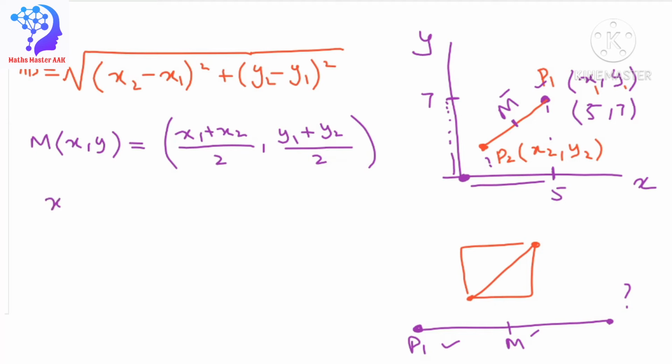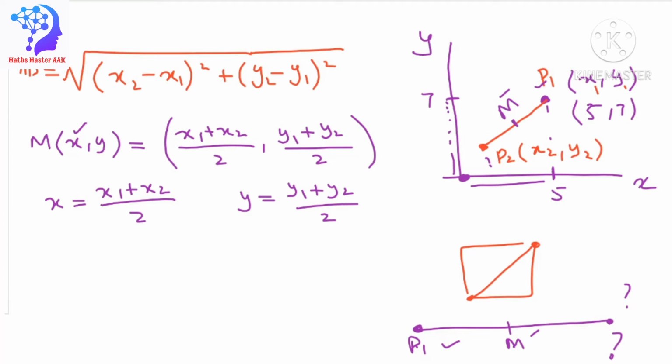You can write x equals x1 plus x2 upon 2, and y equals y1 plus y2 upon 2. Whenever the initial point and midpoint are given and he is asking for the second point, you can use this formula.